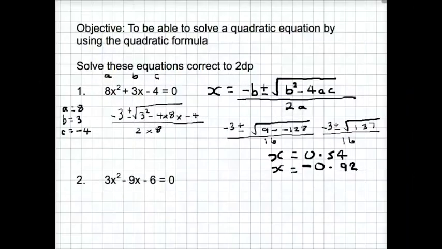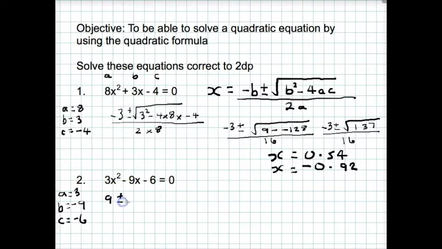Okay, and question 2 now. We're going to write down our letters first. So A equals 3, B equals -9, and C equals -6. Now replace these in our formula. So we have minus B, well B is -9, so a minus minus becomes a positive.